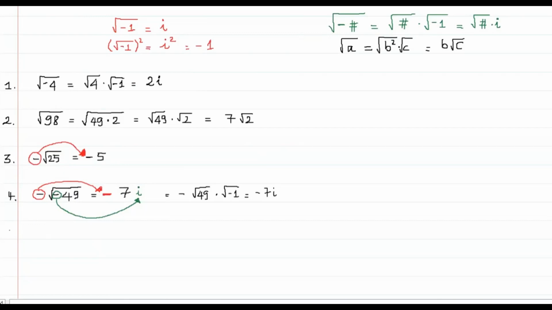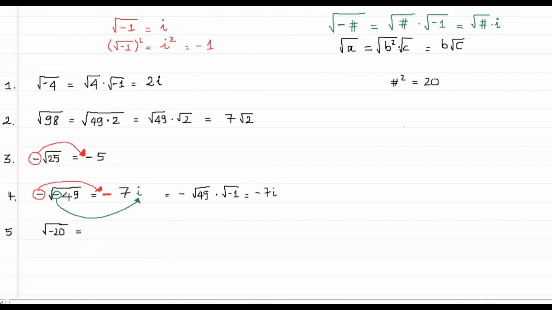So now question number 5. Square root of negative 20. Now we have to break down 20, because there is no number that when squared equals 20.